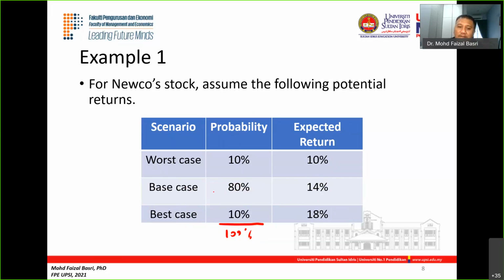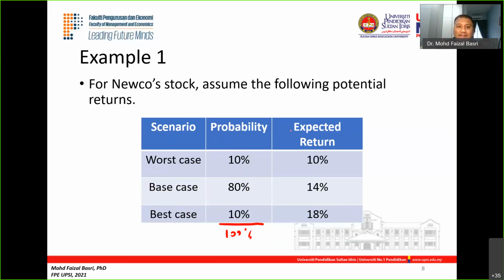So in the majority of time, you assume that the economy will be in the normal situation, with an 80% chance. But there's a 10% chance each that the economy can go down or go up. That's the probability for this stock.